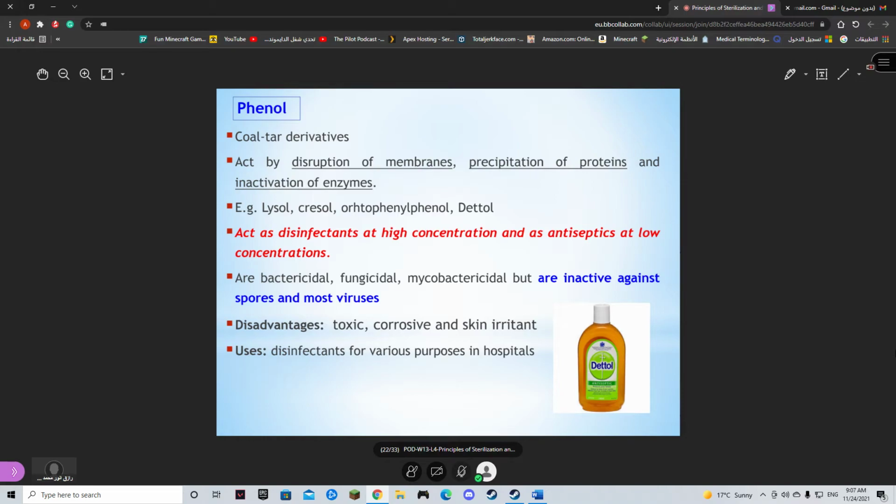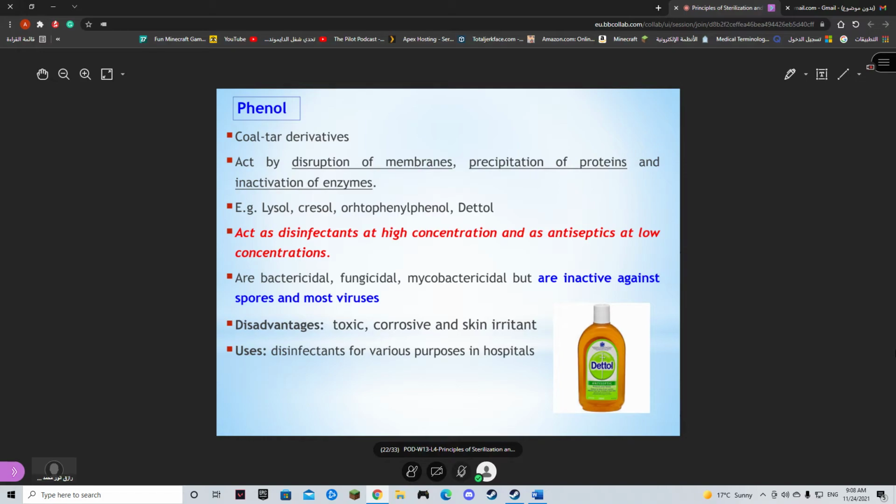Okay, yes, phenol. You have in your home the Lysol. Everyone has Dettol in their home. So how do they act? They act by disruption of the membrane. It means the cell membrane will be disrupted, the protein will be exposed, and everything is exposed and dies. But they are not sporicidal. They are not supposed to kill the bacteria that produce endospores.